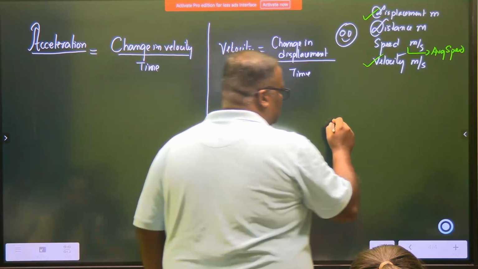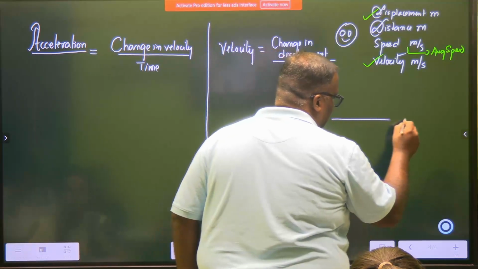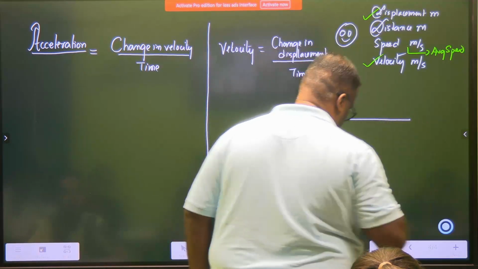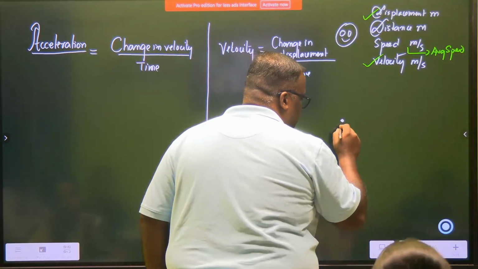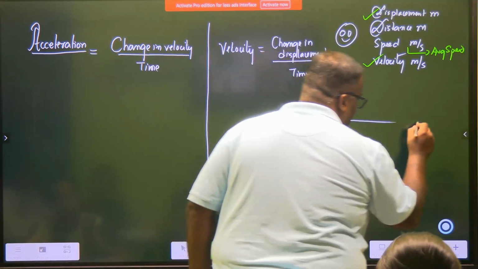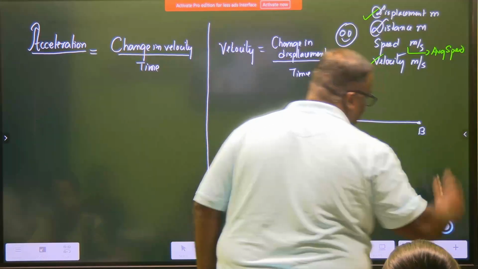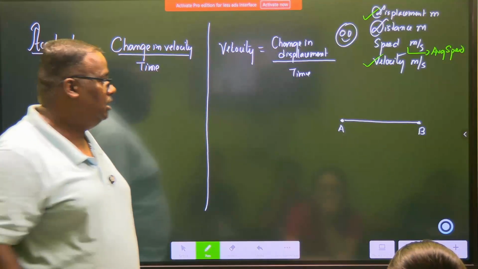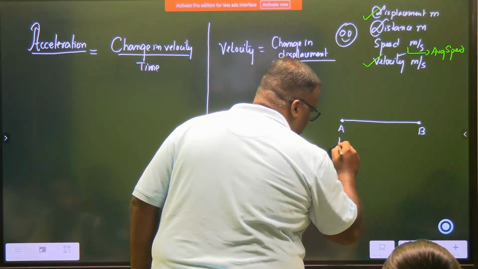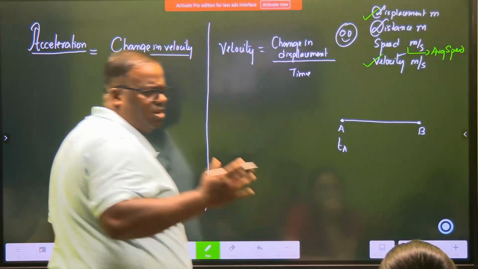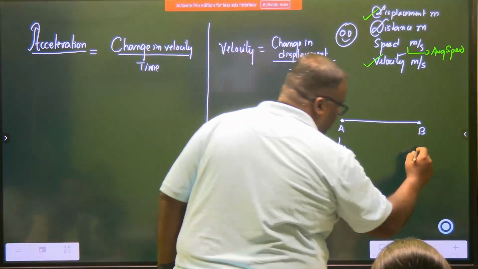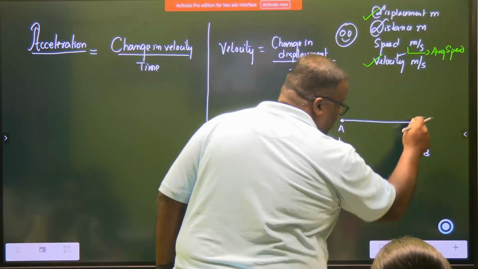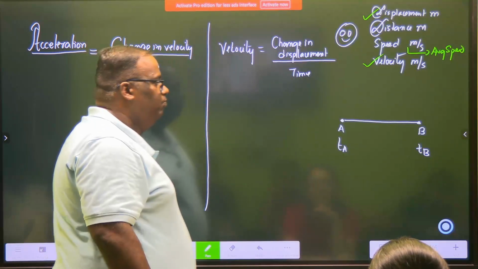Suppose there is a body which is at this position A and then has moved to a position B. Agreed? The time when it was at A was TA. TA is some 8 o'clock, 23 minutes, 44 seconds. To move till here, the time, this is the time at this point, right?